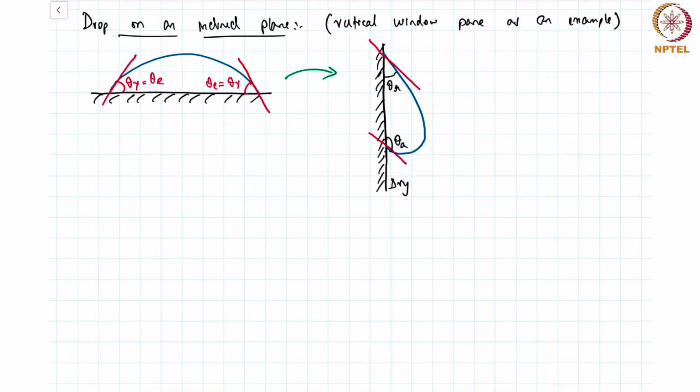Now, the tendency of the droplet is to move downwards. So this portion of the interface, which I'm highlighting with green, is the advancing front, in other words, that is advancing into the dry region. And this one is the receding front.